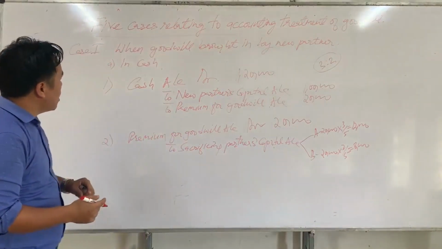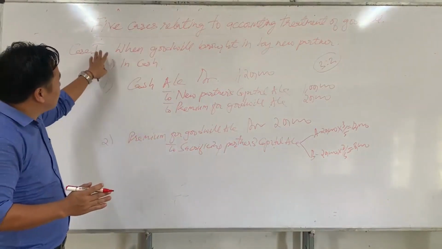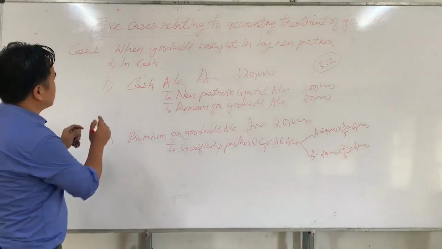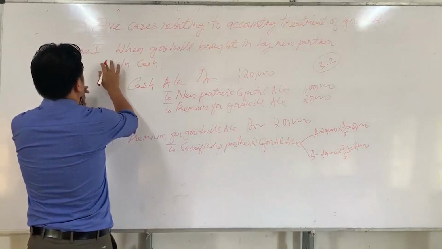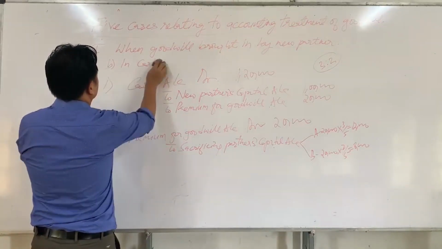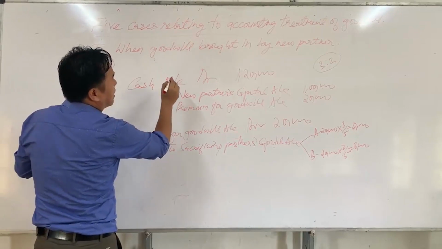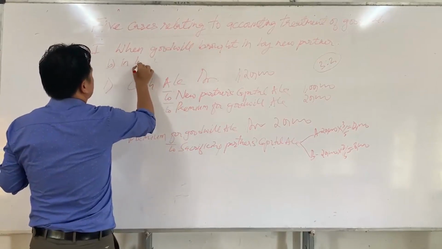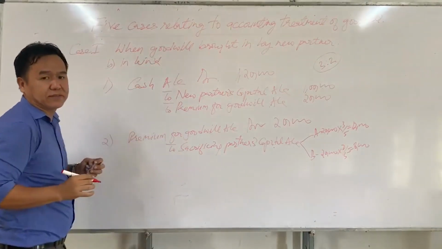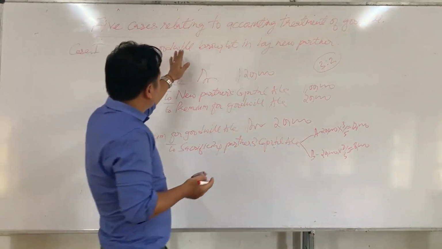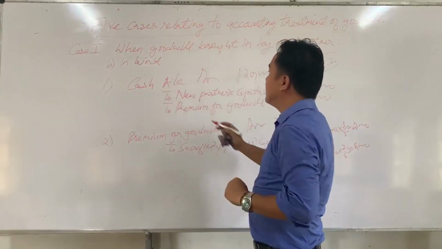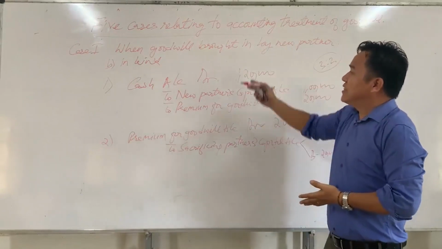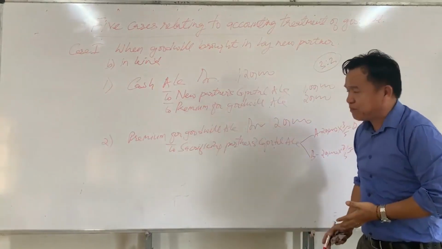Okay. Now we will do second part of case 1, which is when goodwill is brought in by new partner in kind. If goodwill is brought in by new partner in kind, then the journal entry will remain same.